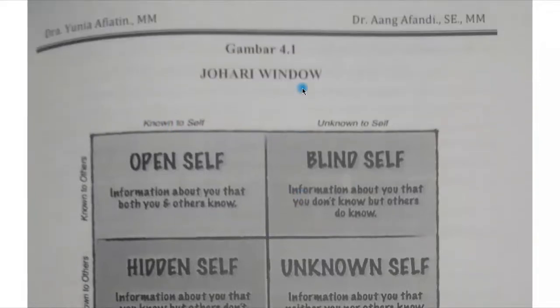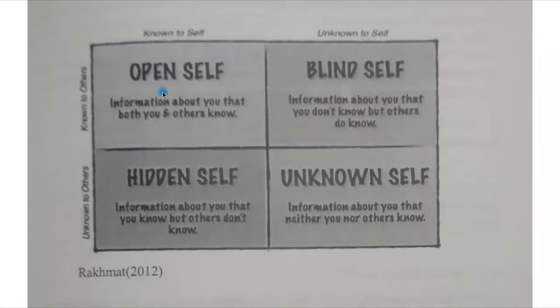In the first part, it is known to others as well as known to ourselves. It is called open self, information about you that both you and other people know.